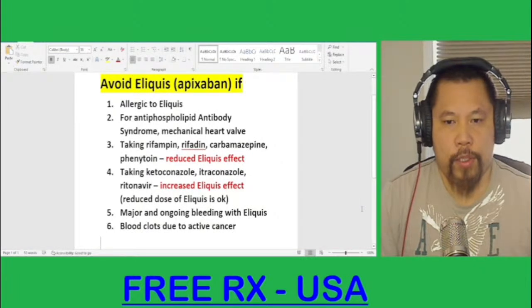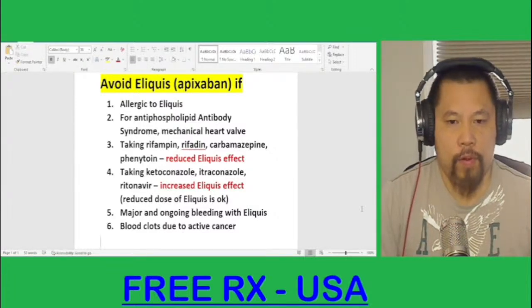Avoid Eliquis, apixaban, if you are allergic to Eliquis. You should not take Eliquis for indications such as antiphospholipid antibody syndrome or mechanical heart valve.